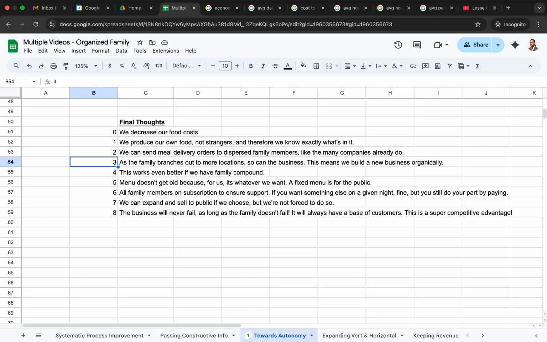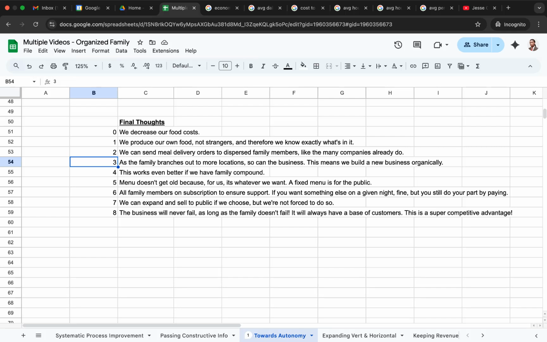Number 3 here, as the family branches out to more locations, so can the business. This means we could build new businesses organically. This started off as a business where we were just feeding our own family. But let's say we wanted to expand and start providing these products to the general public. Well, we can do that.